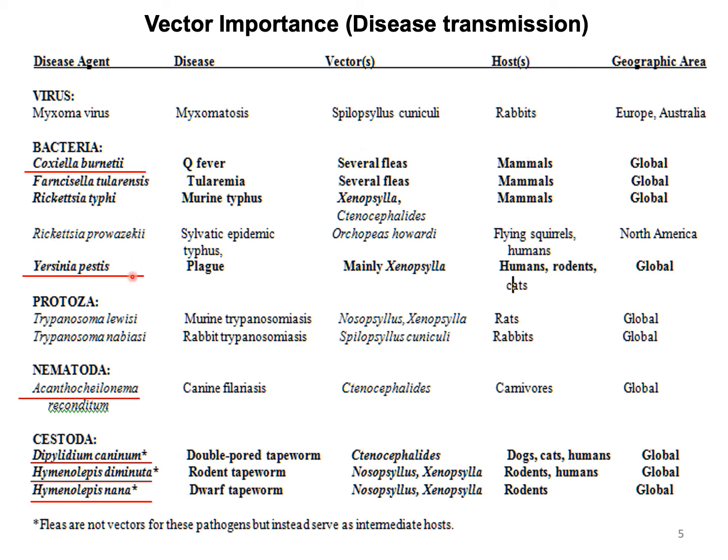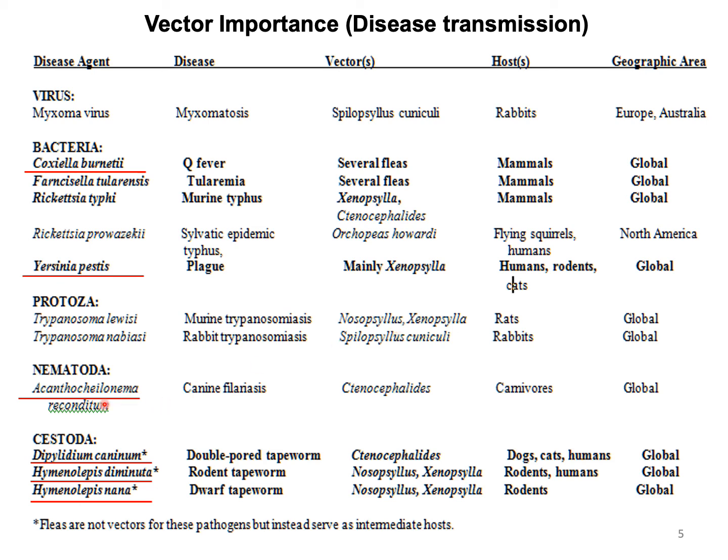And the most important organism transmitted by fleas is Yersinia pestis, by the species Xenopsylla cheopis. This Xenopsylla cheopis carries Yersinia pestis, and Yersinia pestis causes the disease called plague, and the distribution is global.